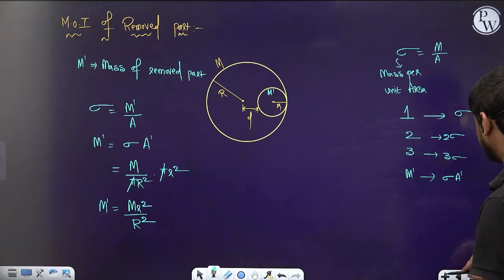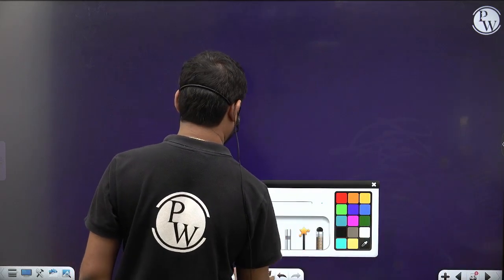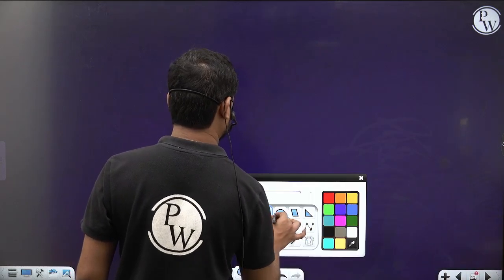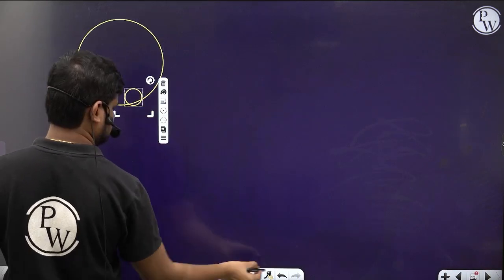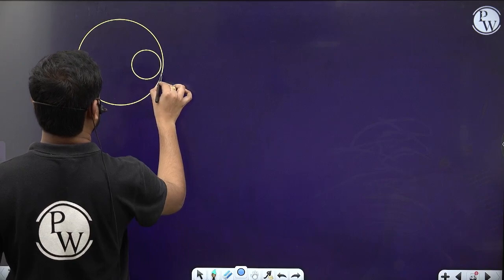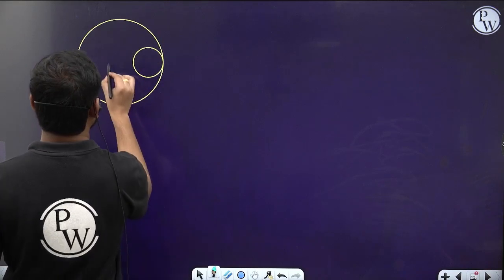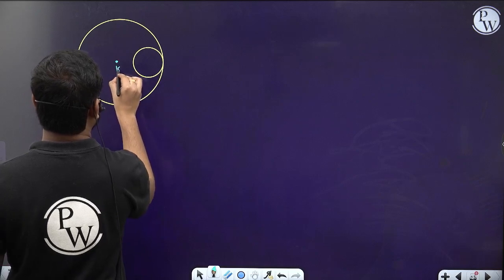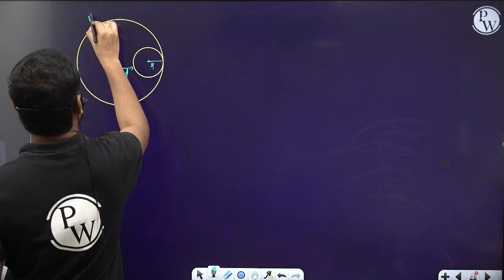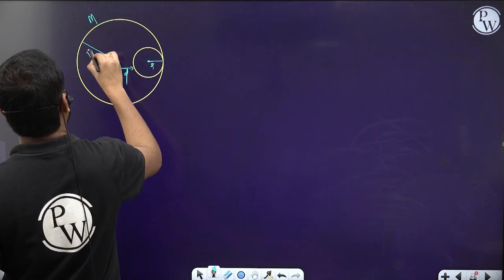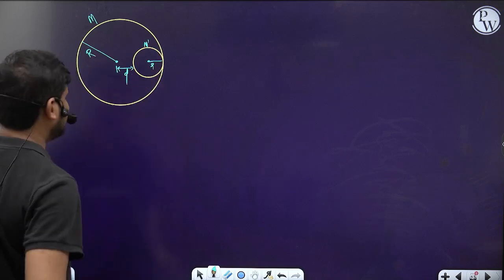So now let's come to the next point. This is the whole disk, and this is the removed portion, which is at a distance d from the center, and whose radius is small r. This mass is capital M, this radius is capital R, and the removed part has the mass M dash and area A dash, right?